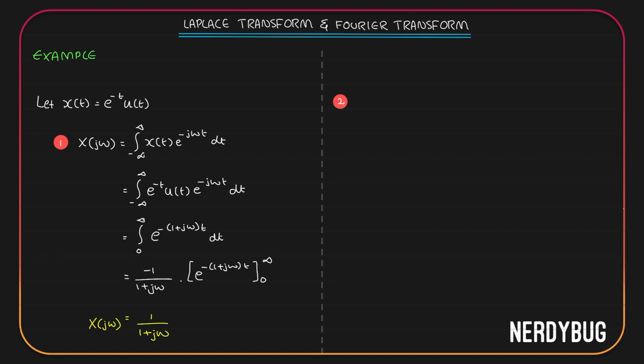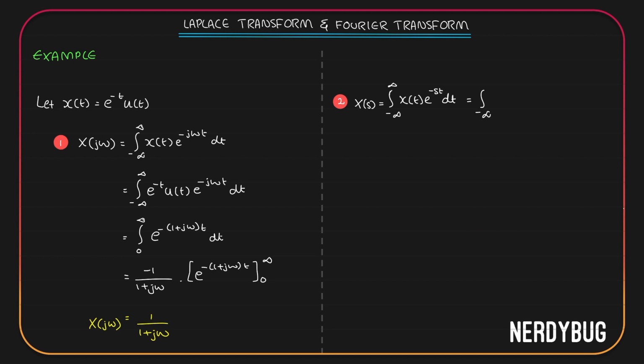Now let us try to find the S-domain representation of x of t, that is the Laplace transform of x of t. X of s will be the integral from minus infinity to infinity of x of t e raised to minus st dt. Here x of t is e raised to minus t u of t.